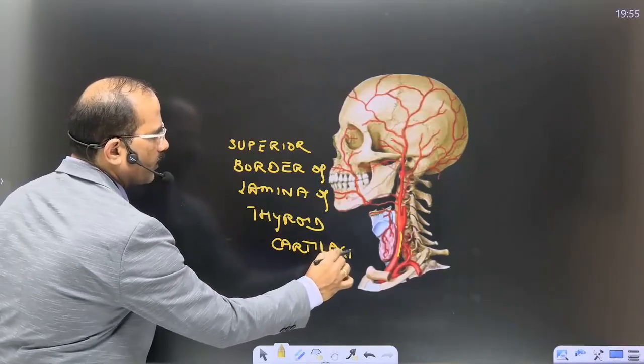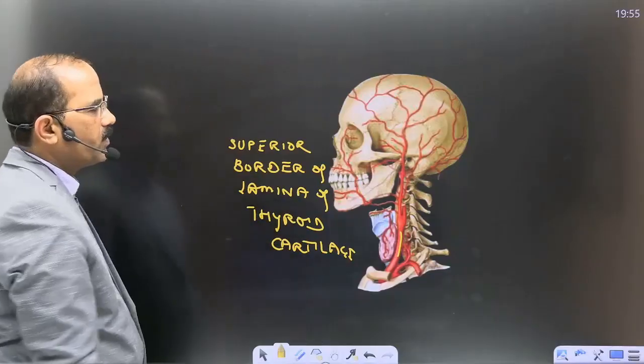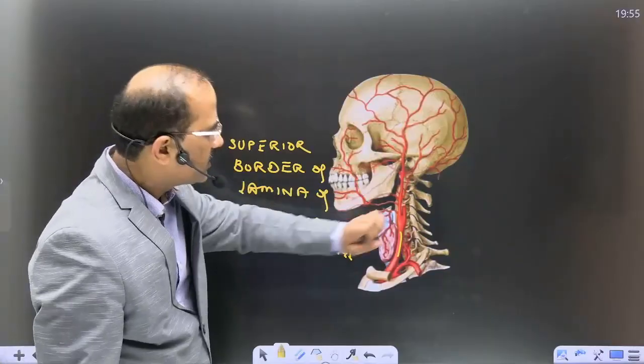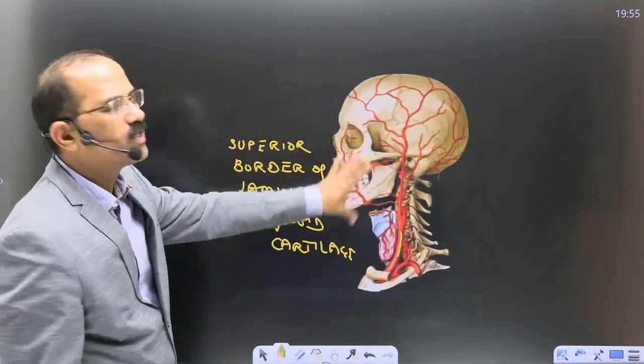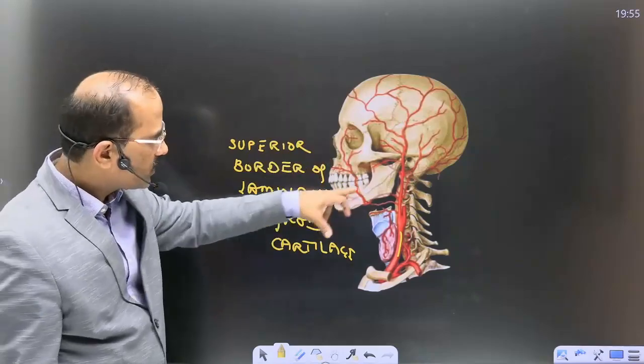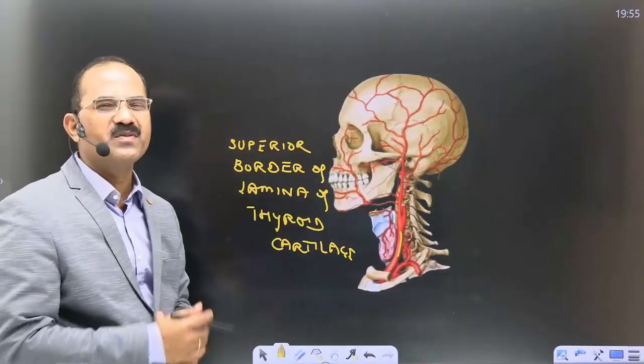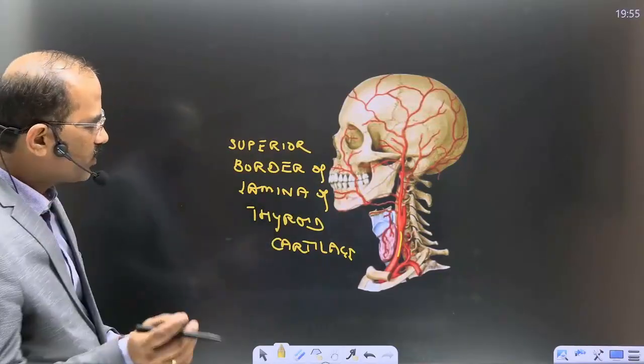It divides into an external and internal carotid. You can see the branches of external carotid. We have seen the facial artery, and the various branches of facial artery in the face. Clear to all of you?